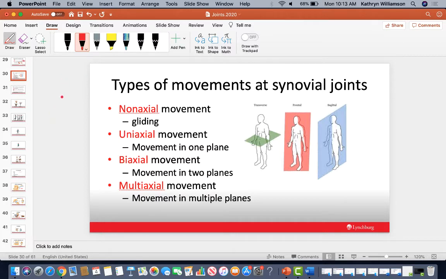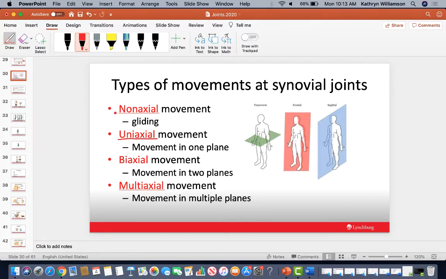When we look at this, in general, we have different types of movements that happen here. Basically, if something has an axis, like uniaxial, that means one axis, and that's going to be an axis of rotation. That's the main point or area around which the movement occurs.